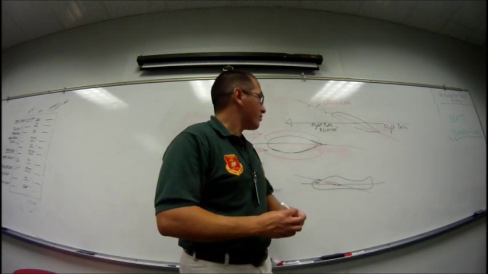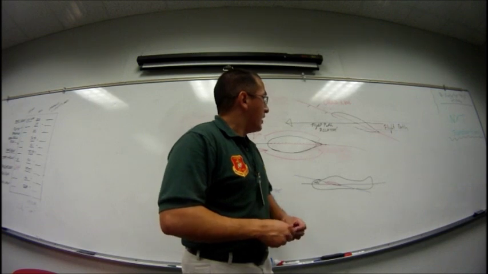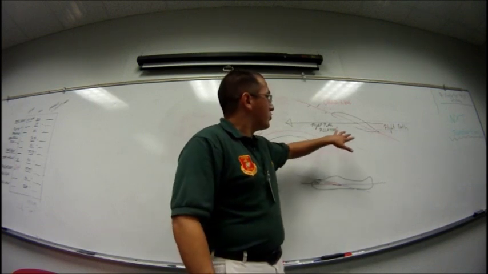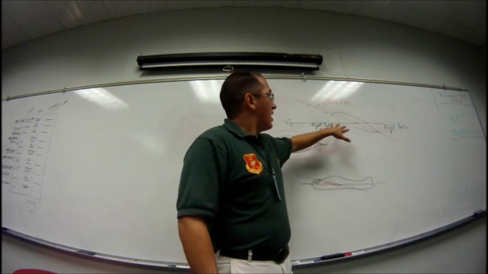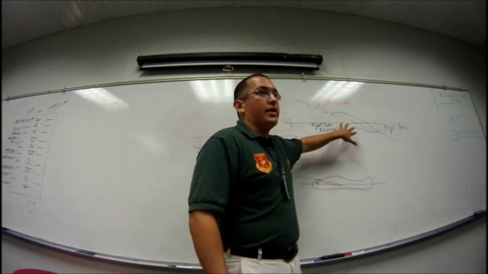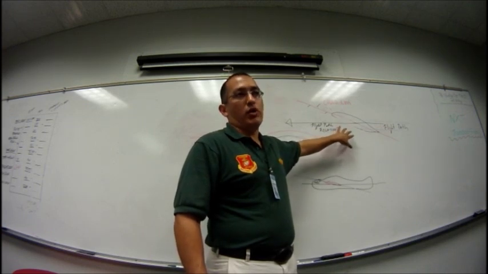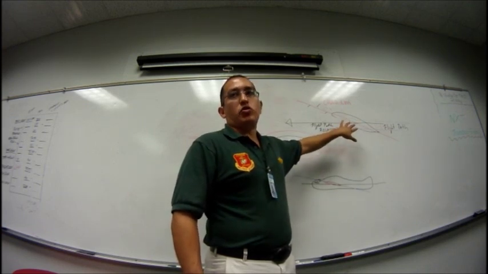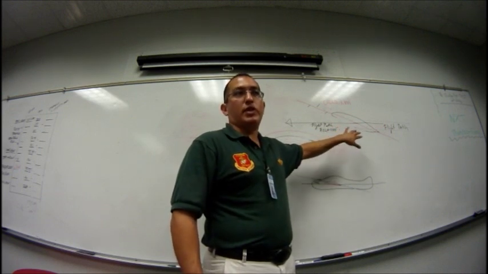But don't get confused, because when you get into a stall situation, you want to think of your angle of attack in relation to your relative wind, and that's all it is. It doesn't have to do with your horizon or anything else.